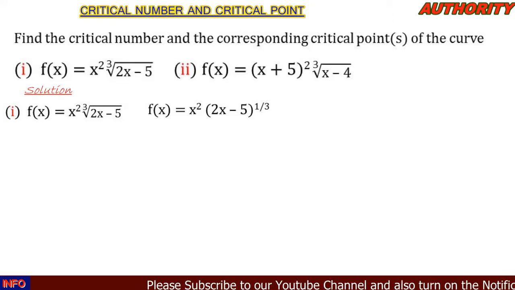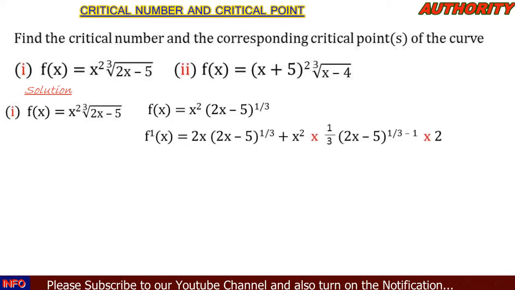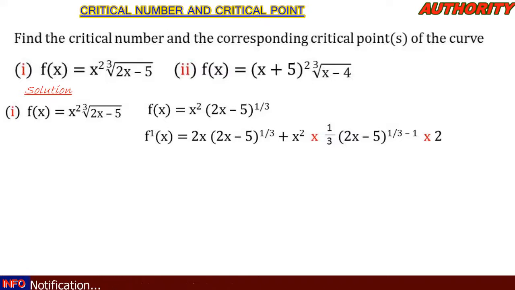Now we are going to find the derivative of this function. We are going to differentiate. So that means we're going to have f prime of x is equal to 2x (2x minus 5) raised to power 1 all over 2 plus x squared times 1 all over 3 (2x minus 5) raised to power 1 all over 3 minus 1 times 2.